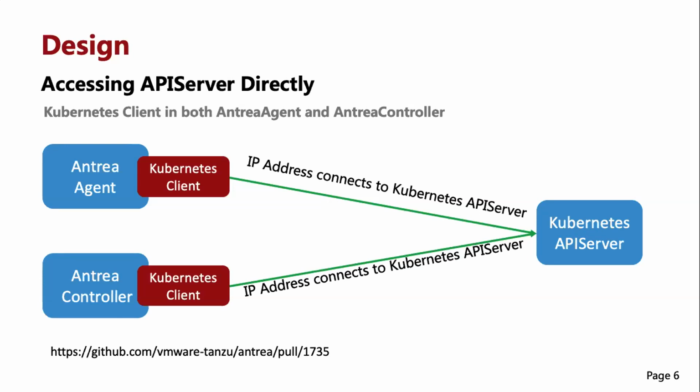Would upgrade work in this scenario? Because I remember we always upgrade Antrea controller first, right? Let me see. I think it doesn't impact the upgrade process, because Antrea agent, especially Antrea proxy, doesn't rely on the network policy connection to start, right?